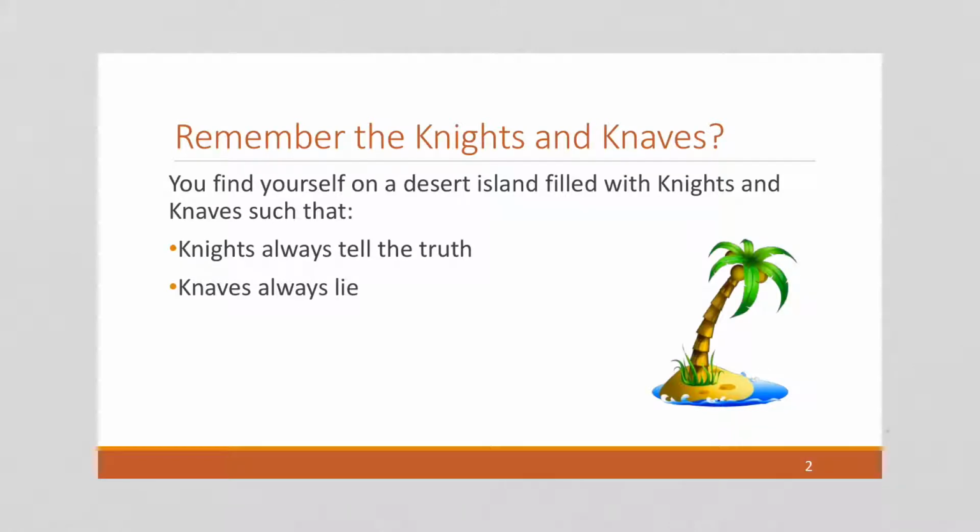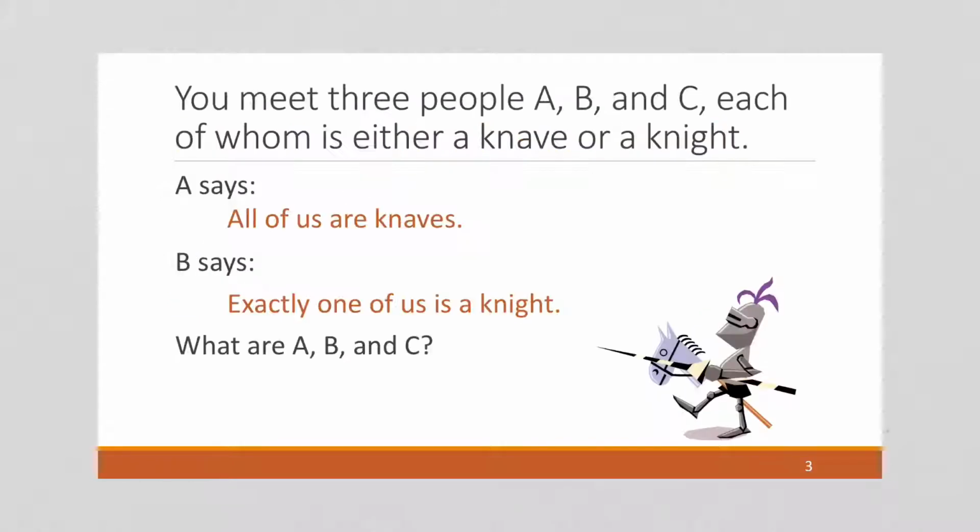So remember the Knights and Knaves problem. You find yourself on a desert island filled with knights and knaves, where knights always tell the truth and knaves always lie. There are no alternatives. A knave can't sometimes tell the truth. They always lie, and knights always tell the truth.